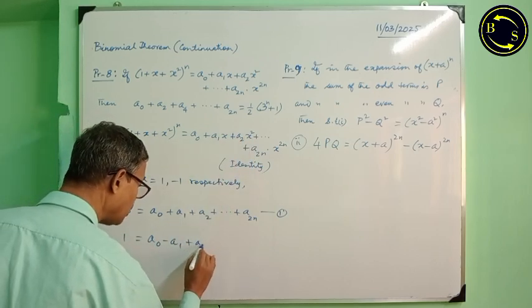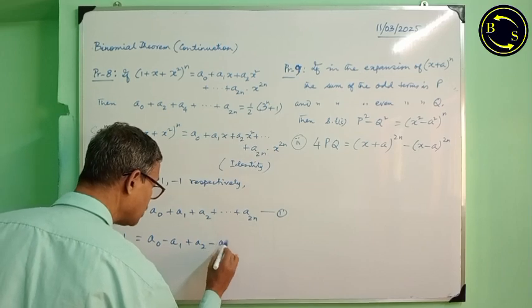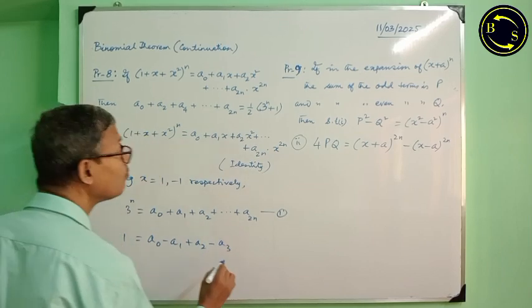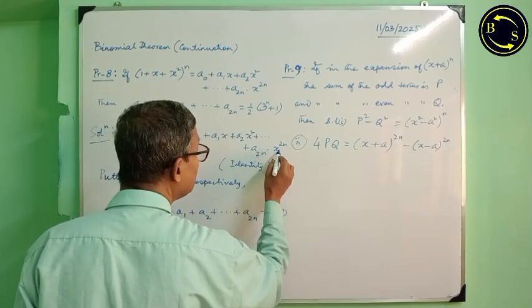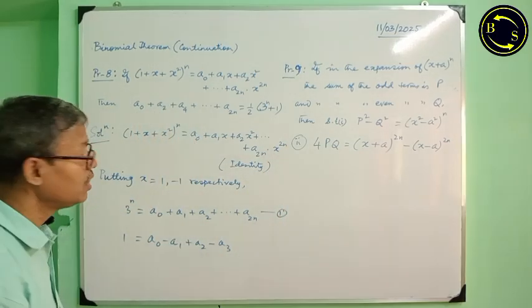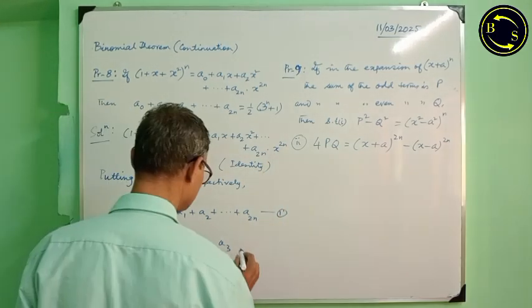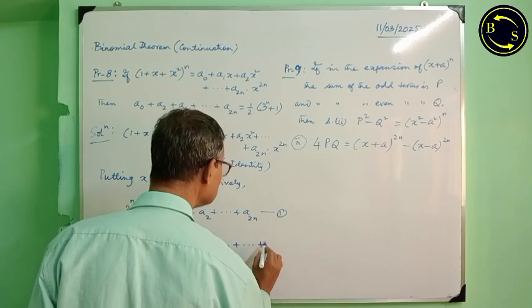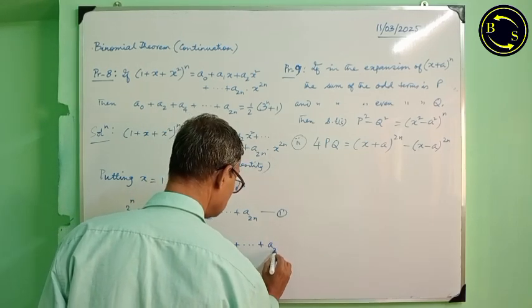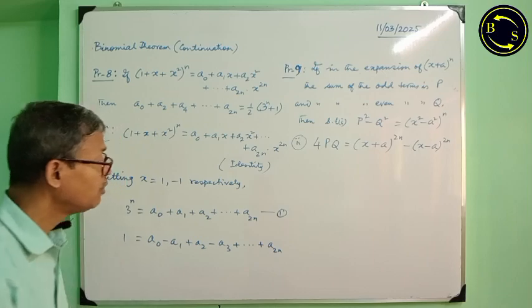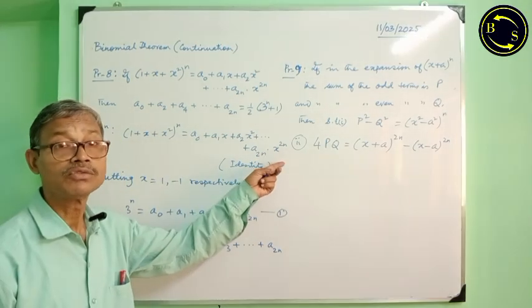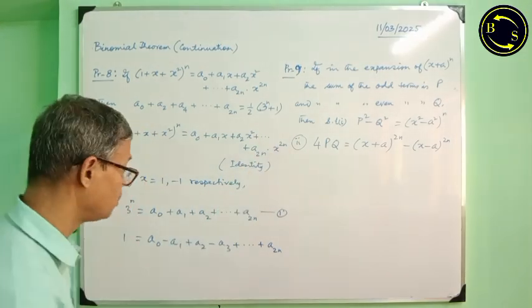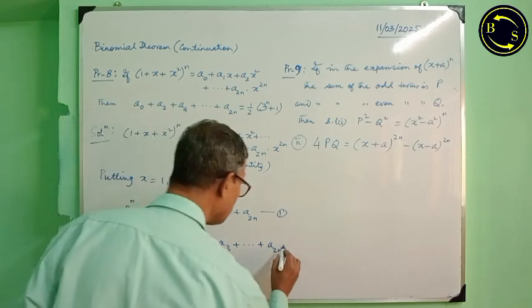That means alternate sign changes will be there. And x to the power 2n, that is even. If we put x equal to minus 1 to the power 2n, that is a positive symbol. Now we call it 2.